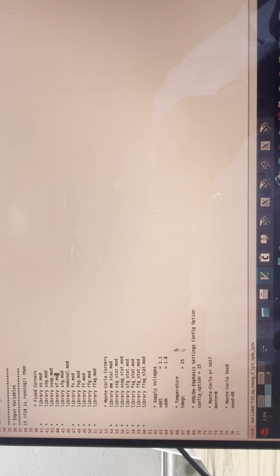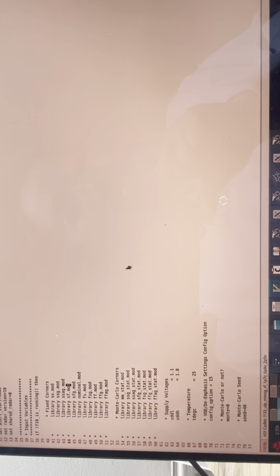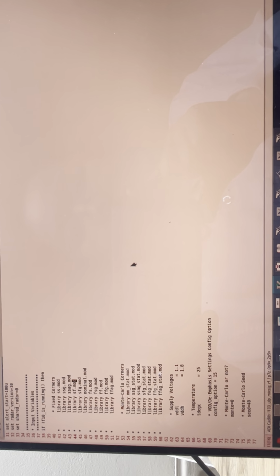So SS, 2.25 volt, and 125 degree temperature should be your worst case corner. If you set that and use it to see what your load current would be, that'd be a good benchmark, because if it works at that corner, you'd expect it to work at all the other corners as well.